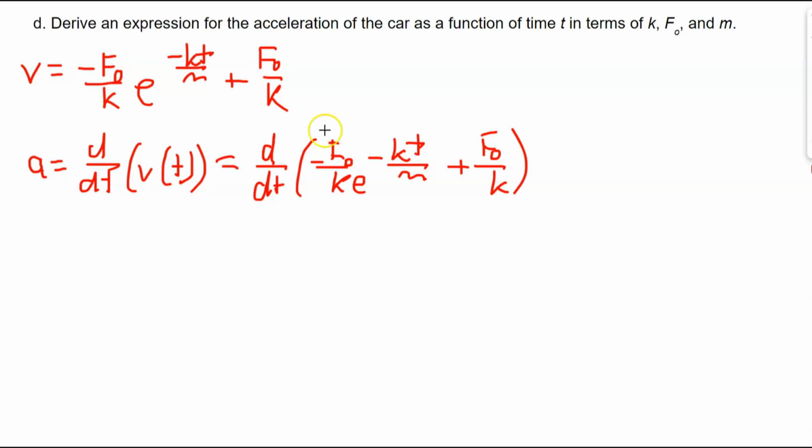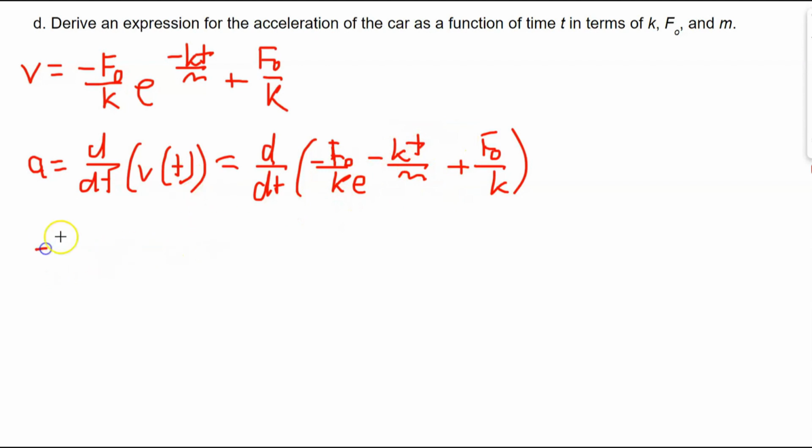So we know that negative f sub naught over k is just a constant. And then our variable of interest here is t, because t is not a constant. So e to the power of anything, the derivative is just e to the power of that same value times the derivative of what's in the exponent.